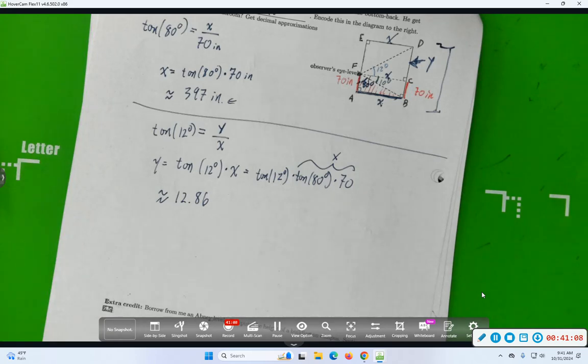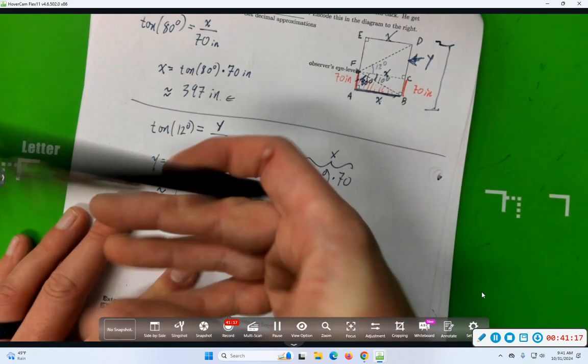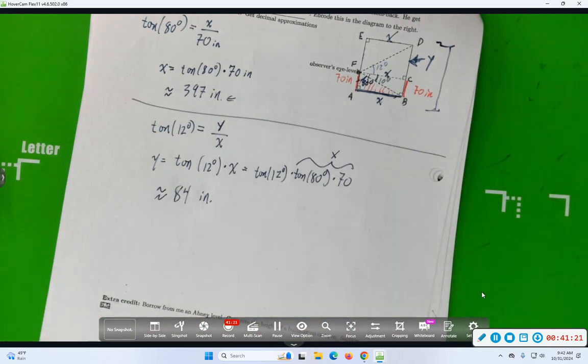Oh, that's in feet. Oh, 84 inches. Yeah, let's work in inches because everything's in inches. Do I hear a second for that? I didn't do the computation myself. Okay, 84 inches it is.